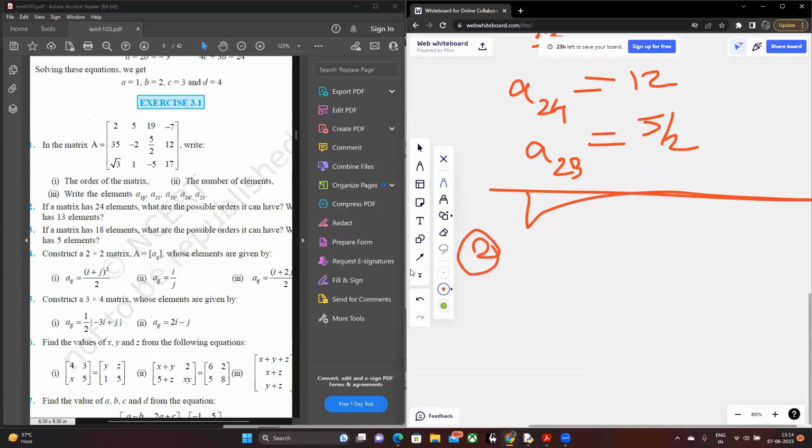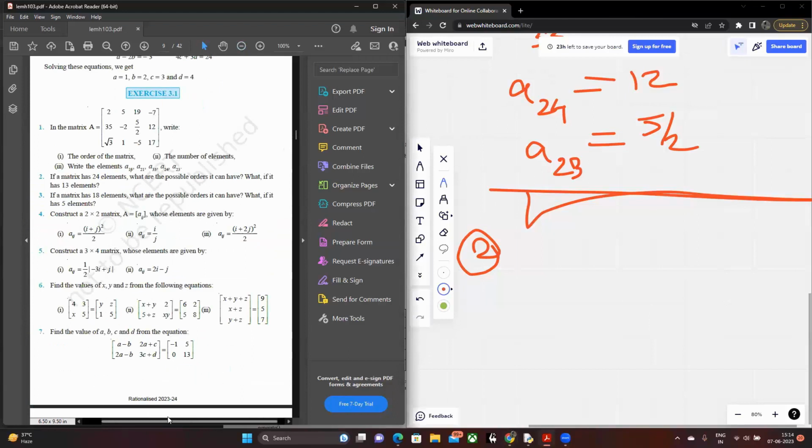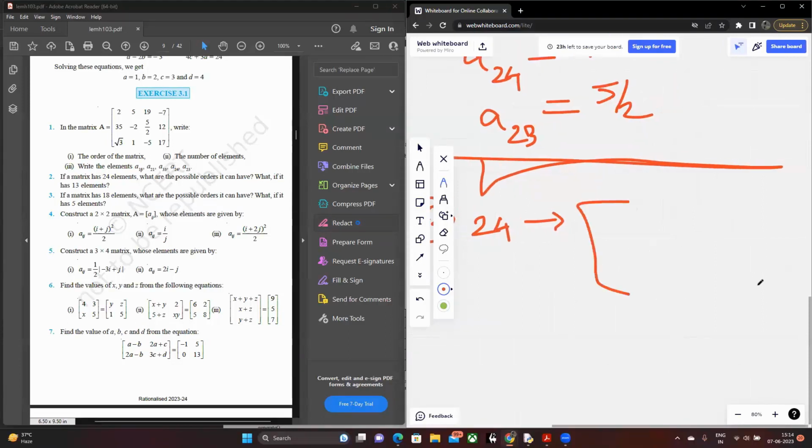Going to question number 2. The matrix has 24 elements. What are the possible orders you can have? First things first, if you have 24 elements, you can only have a matrix which has exactly 24 elements inside and not one less or one more.